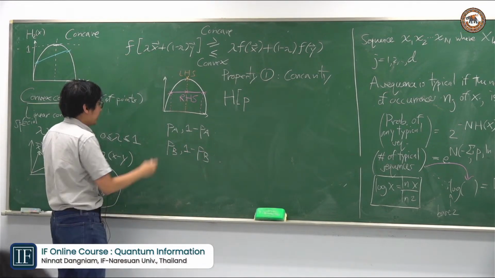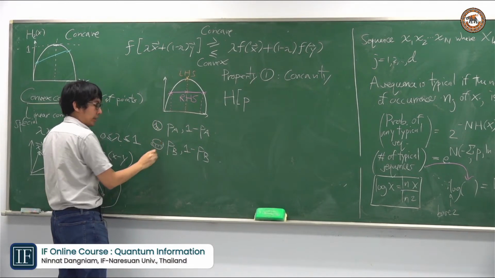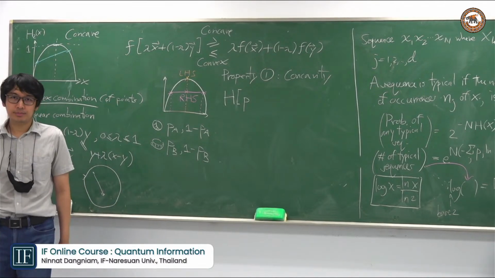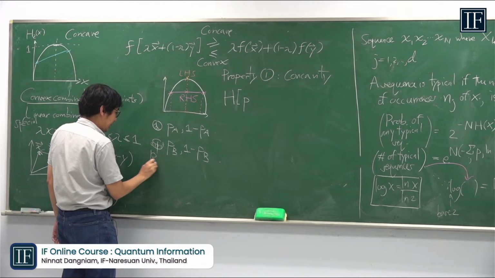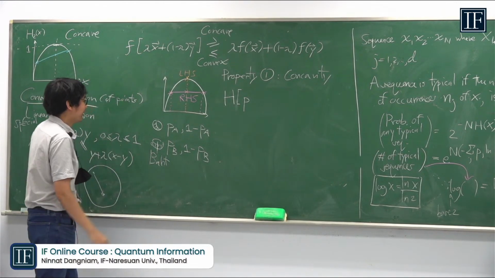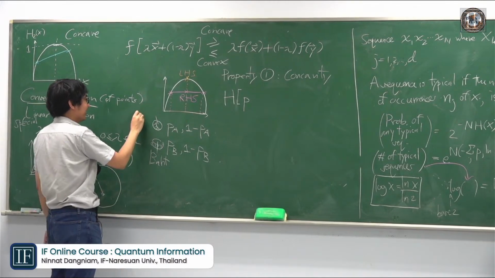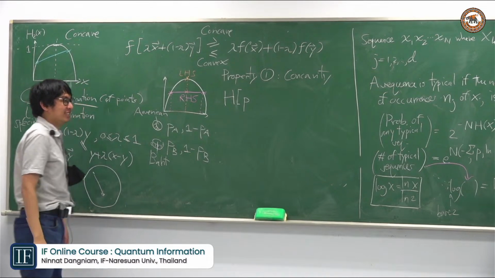You can imagine this as two types of coins, maybe Thai baht and some kind of American or Australian dollar.